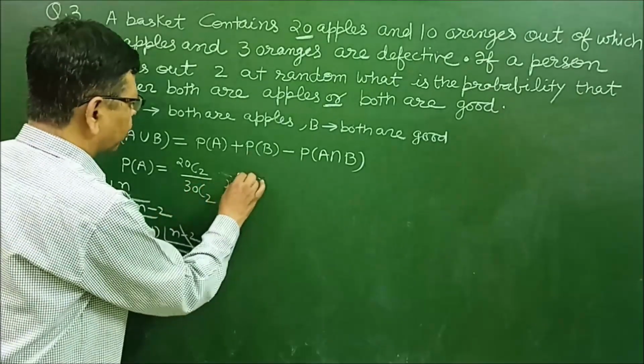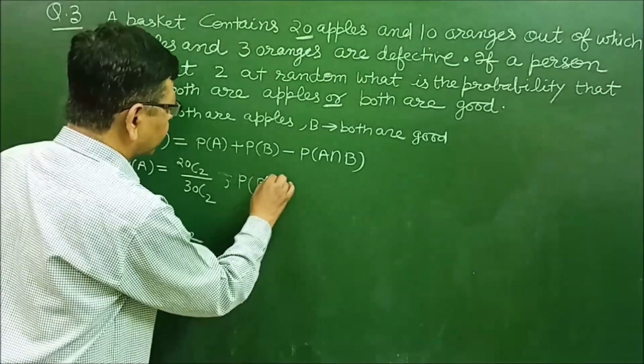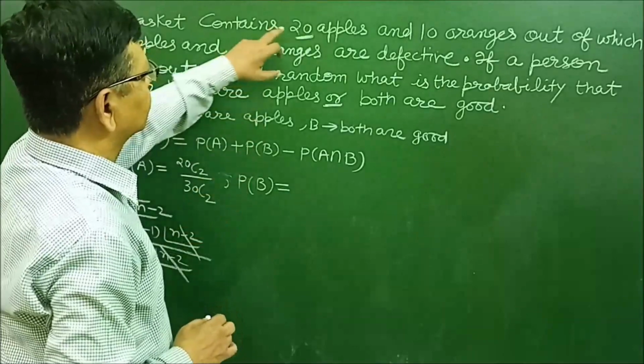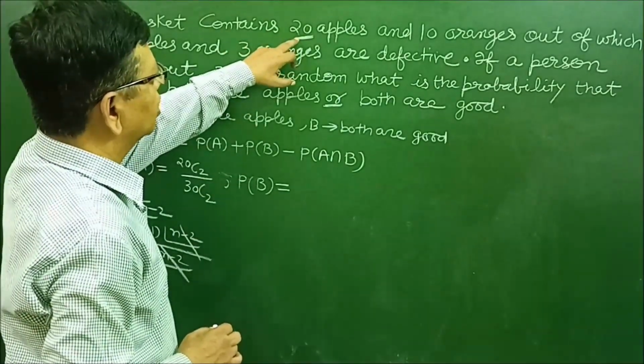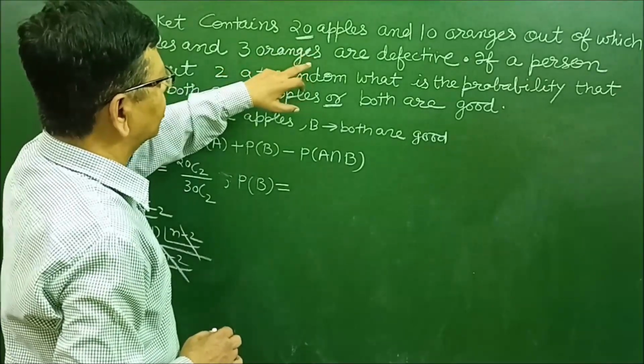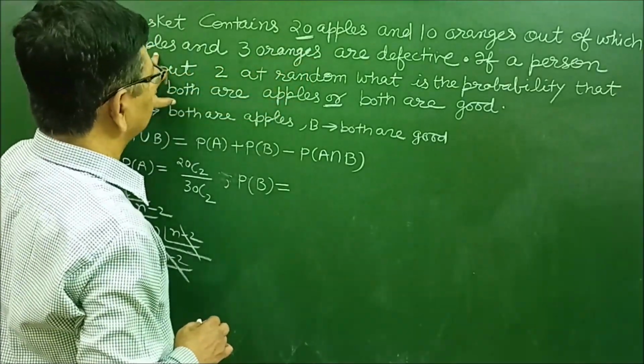Now let us find the probability of B. Probability of B will be equal to both are good. So in 30 fruits, that is 20 apples and 10 oranges, 3 oranges are defective and 5 apples.